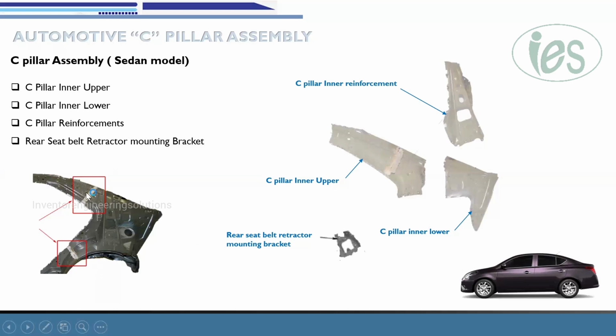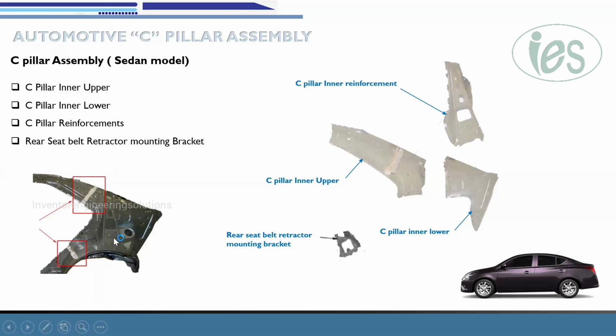This is the C pillar inner upper, this portion is the C pillar inner lower, and this is the reinforcement for the C pillar inner. This one will be connected to the wheel arch area because the load from the rear wheel suspension will pass through the wheel arch area and be transferred to the body.